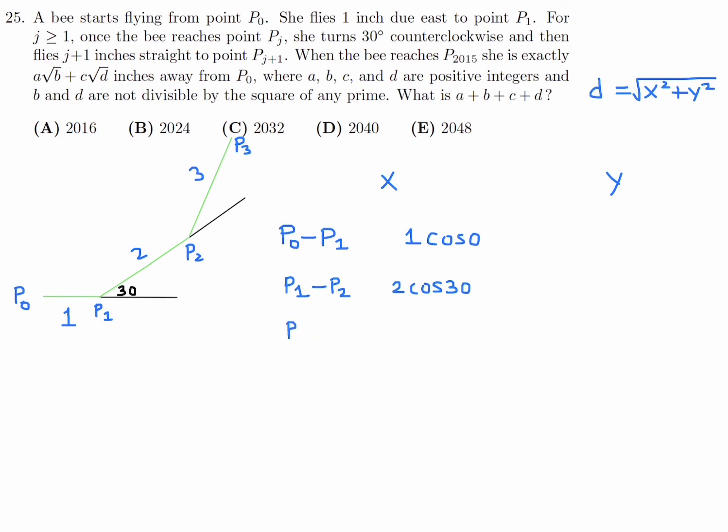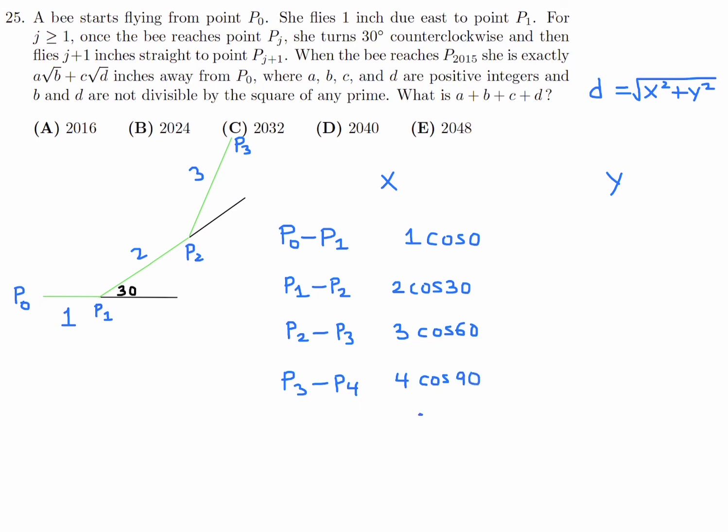Now, from P2 to P3, it's 3, but cos 60 this time, right? Because if you look at this, the angle is 60 degrees. And then in a very predictable way, from P3 to P4, it will be 4 cos another 30 degrees you tack on, and so on.